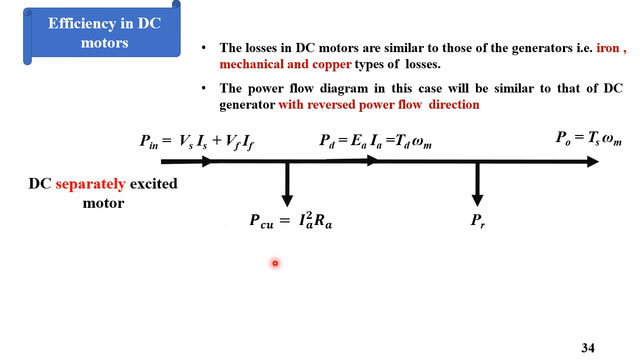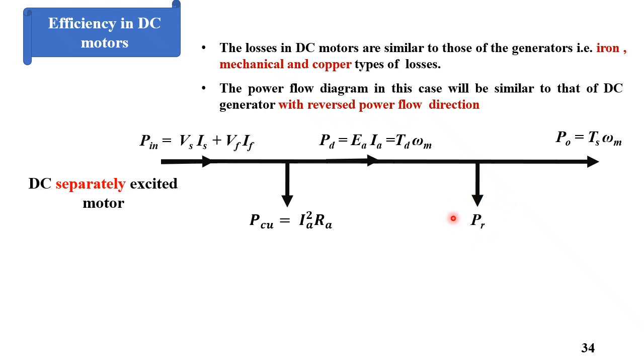The first type of losses is the copper losses in the armature, I armature square R armature. Then the remaining power is the power developed, which is the power ready for conversion to mechanical power, which is EA times IA, or torque developed times omega.